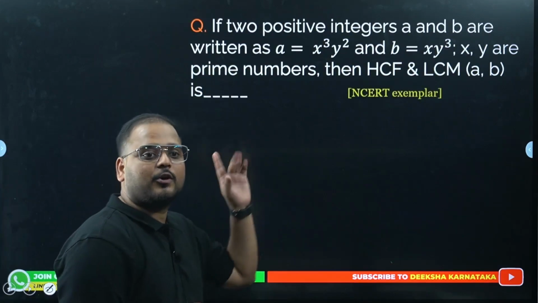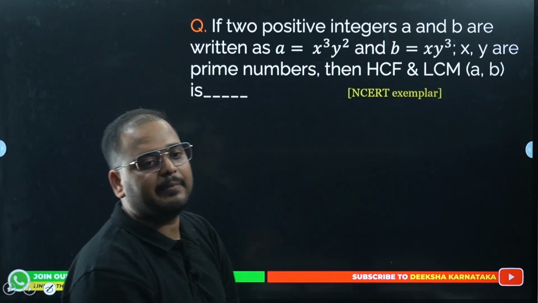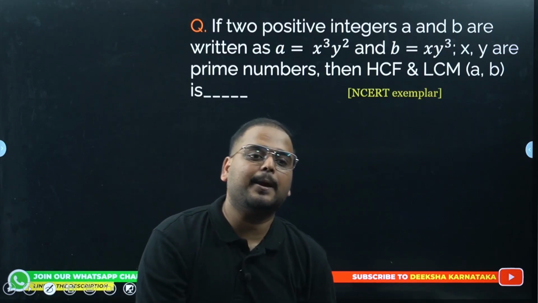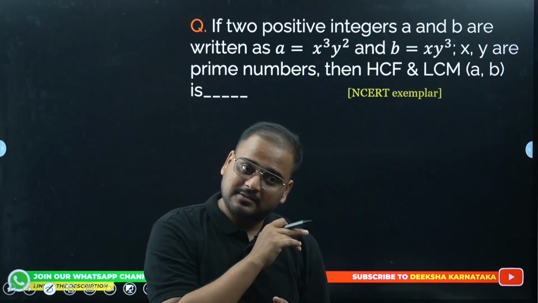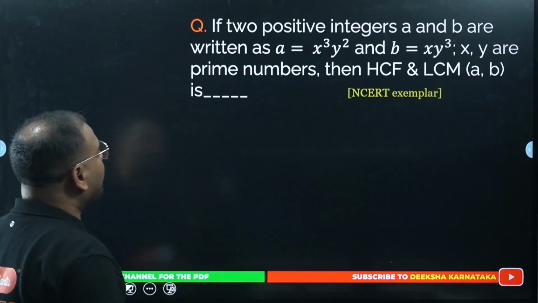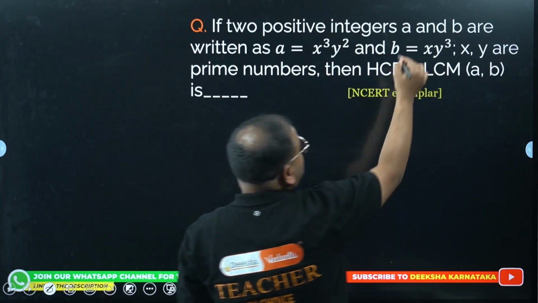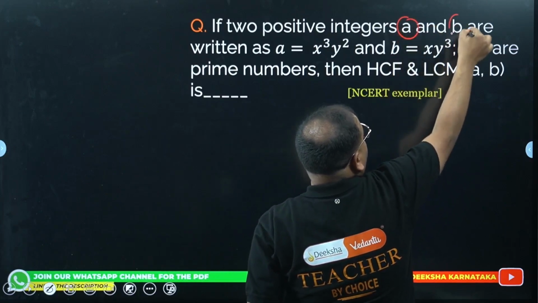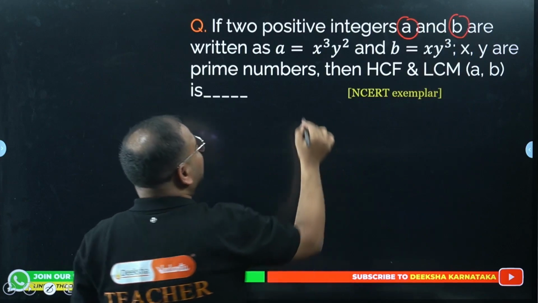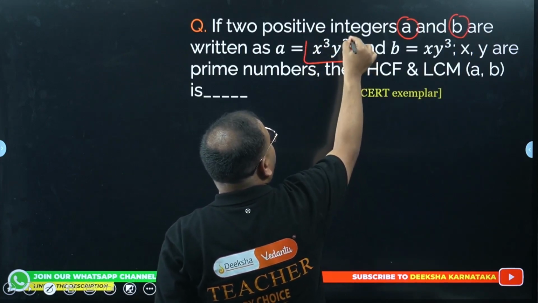Now the concept that we learned: in HCF, all common factors with least power; in LCM, all factors taken once with maximum power will be used here. So they have given two positive integers A and B, but they are not actually numbers. They are in a variable format.